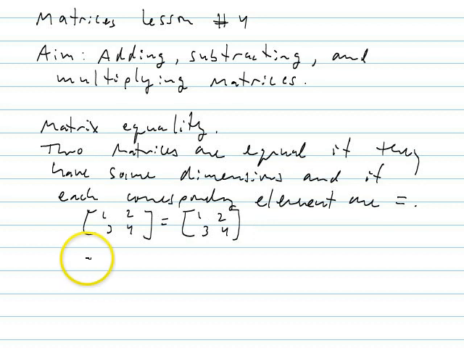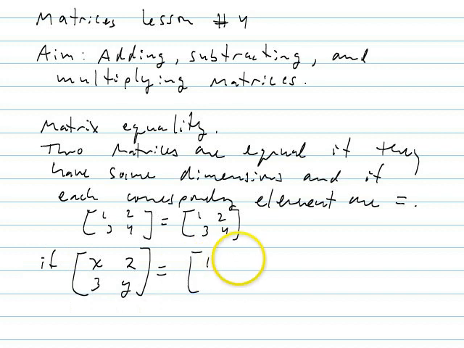For instance, they could say if the matrix x, 2, 3, y is equal to 1, z, w, 4, they could ask you to find the values of x, y, z, and w.